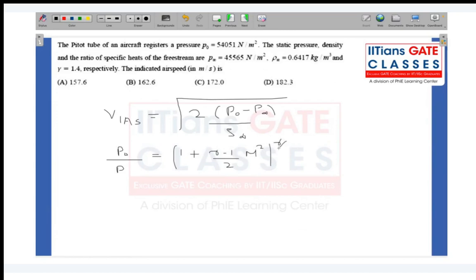Okay. So P naught is 54,051.51 divided by 45565, and I need to raise it to gamma minus 1 by gamma, where gamma is 1.4, so this would be 0.4 by 1.4, and that is equal to 1 plus gamma minus 1 by 2, which is 1.4 minus 1 by 2, which is 0.2, into M square.